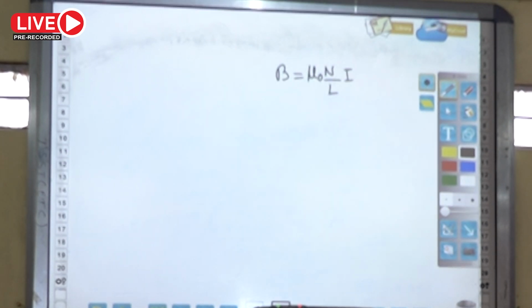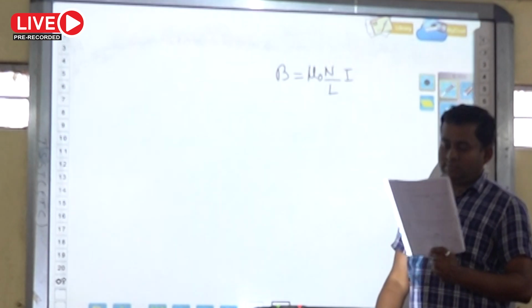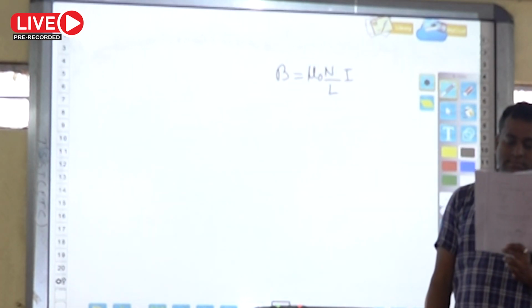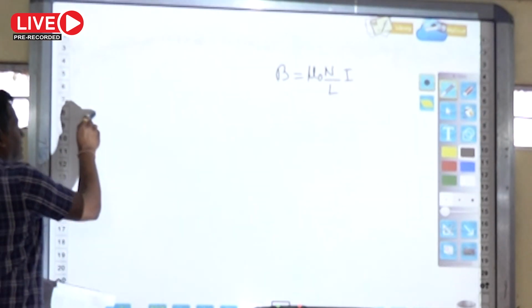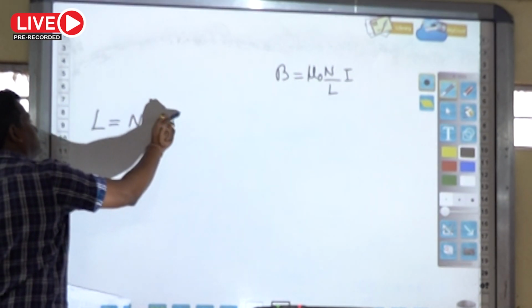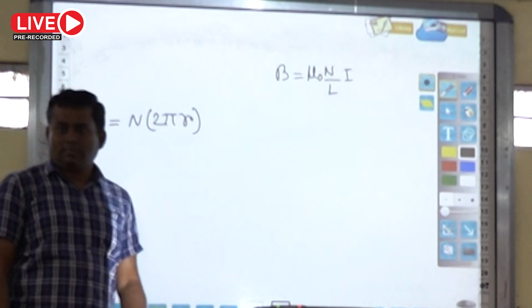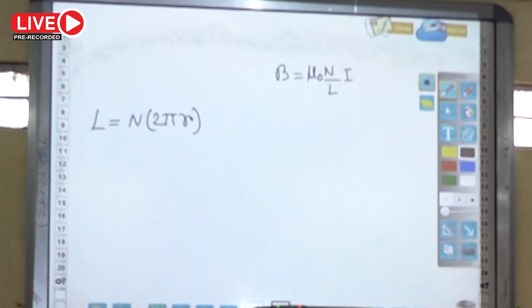Now, length is doubled. Now we can say that the entire length of the wire L is equal to N times 2 pi r, because each turn has a radius r, so it will occupy a length of 2 pi r, the circumference.